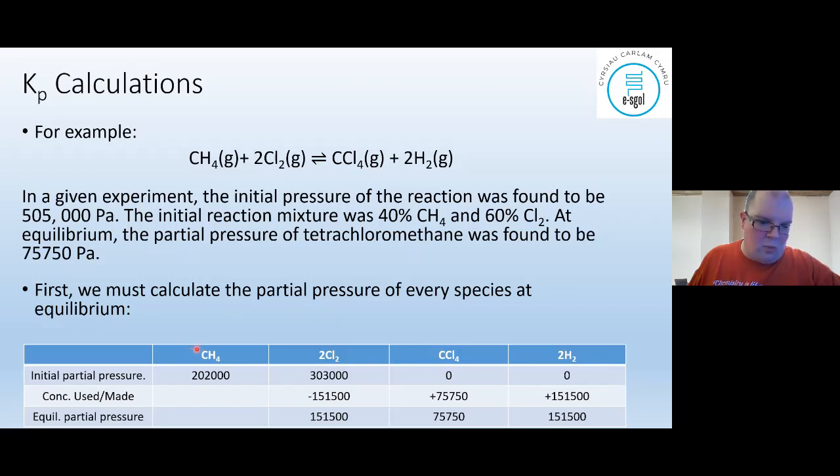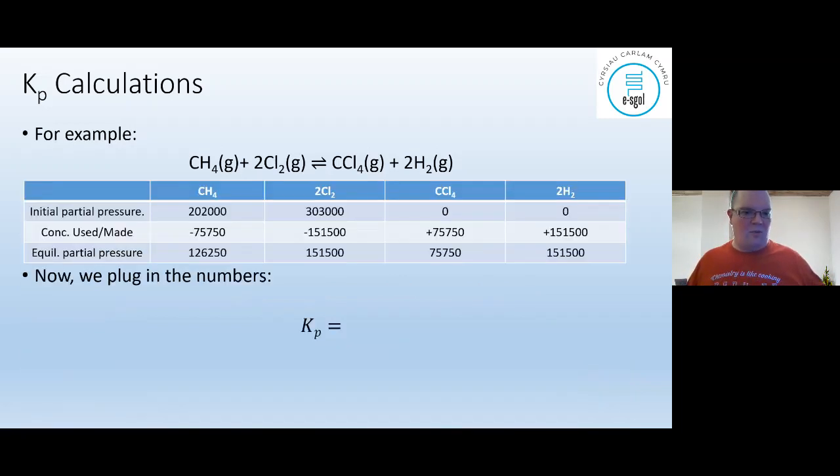We've got a 1:1 reaction, so we've got the same number as for tetrachloromethane, but it's minus because it's being used up. And then we just subtract 75,750 from 202,000. We end up with, let me get this right, 126,250 at equilibrium.